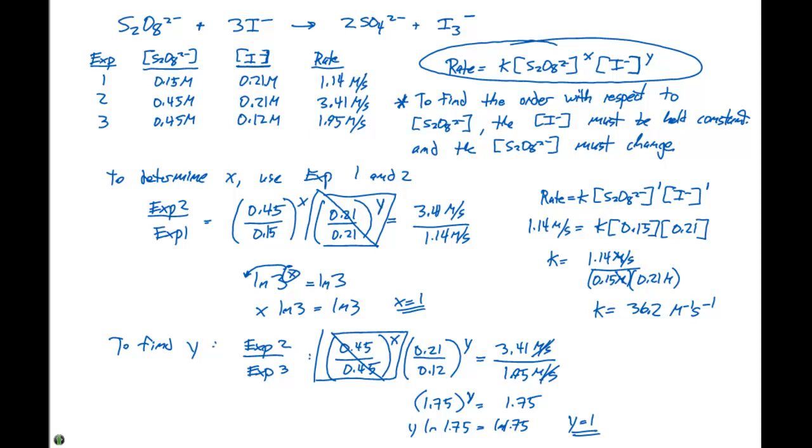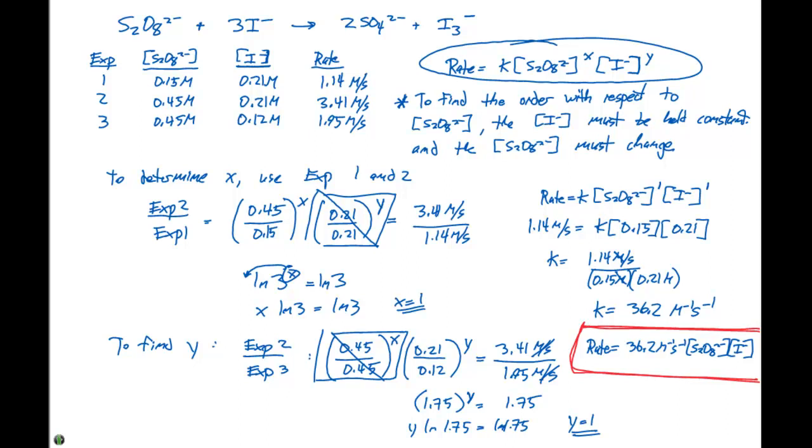And we can take this to write the overall rate law, which is rate is equal to k, which is 36.2 molar to the minus 1 second to the minus 1, times S2O8 to the first power times I- also to the first power. And this is our overall rate law for this particular expression.